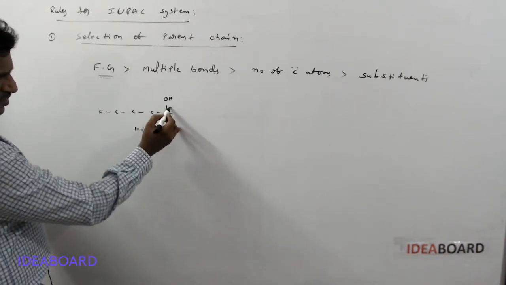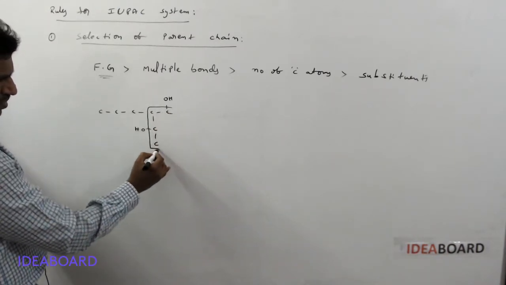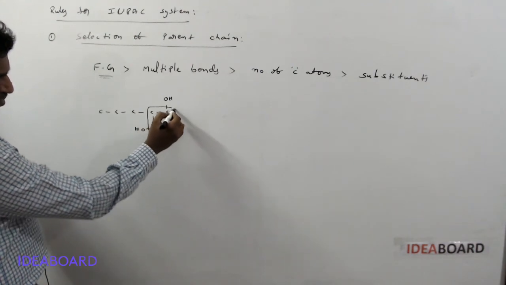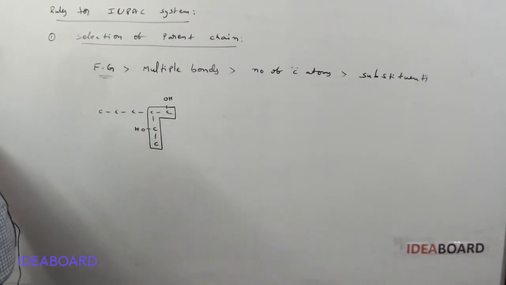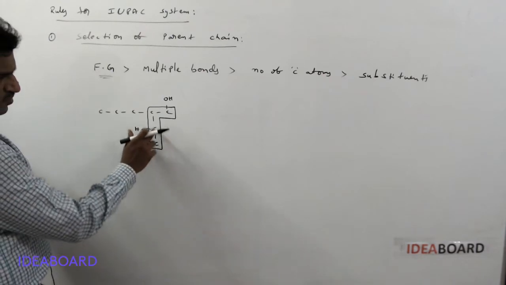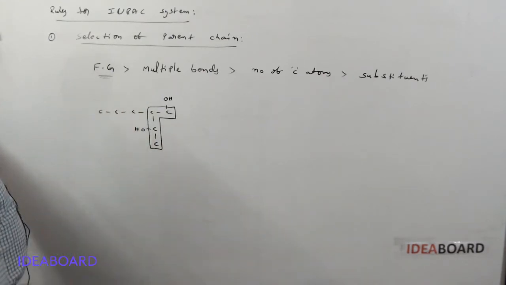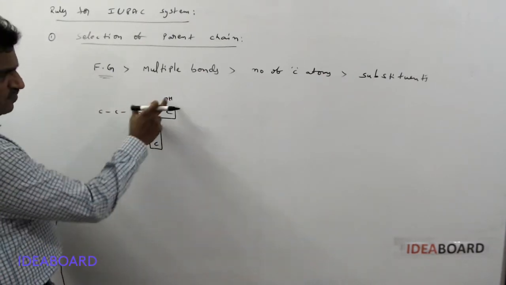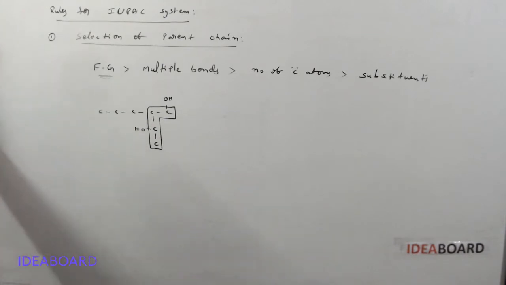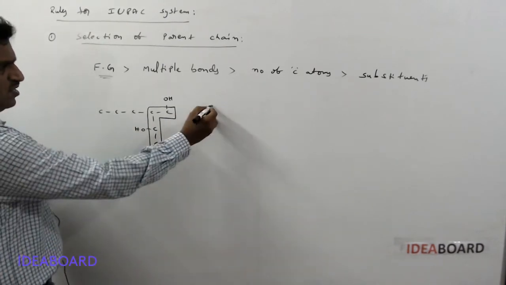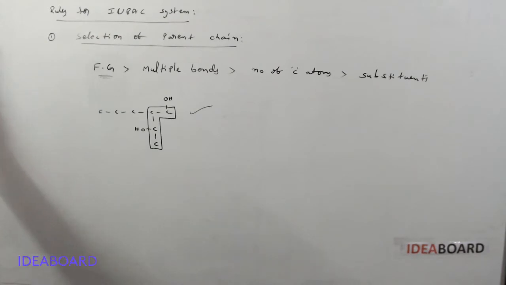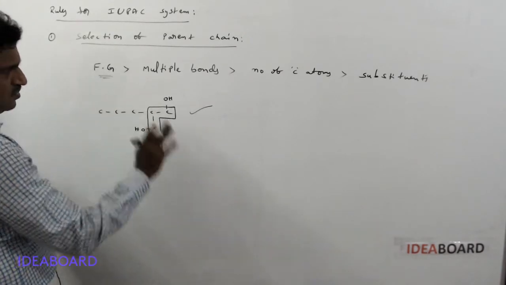When we take this as the parent chain, only then it is correct. Even though it has fewer carbon atoms, 1, 2, 3, 4 is the parent chain, because the maximum number of functional groups are present in it. So this is the only correct selection. Whatever else you take is a wrong selection. So that is the first one, functional group selection.